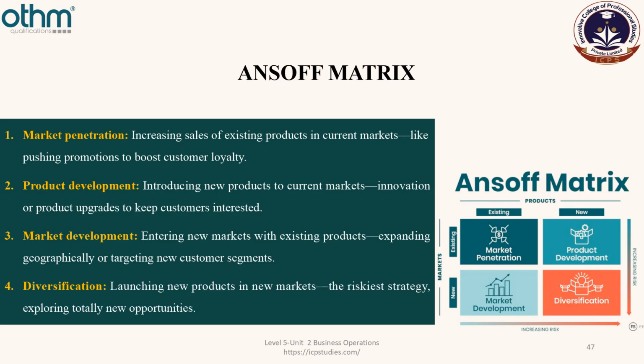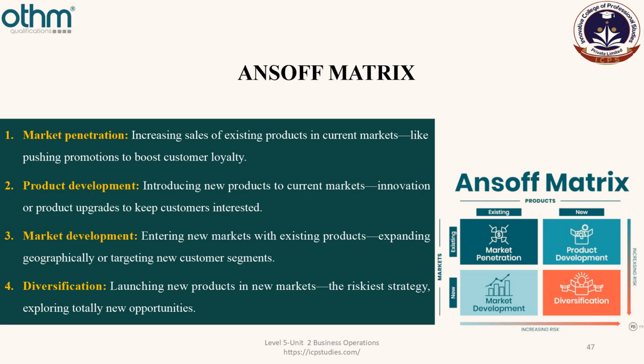Then we have the fourth component called diversification. In diversification, we have a new product in a new market. So in this step, we are changing both our product and our target market. It is totally opposite of market penetration. In market penetration, we just increase our sales in the existing market with the existing product.